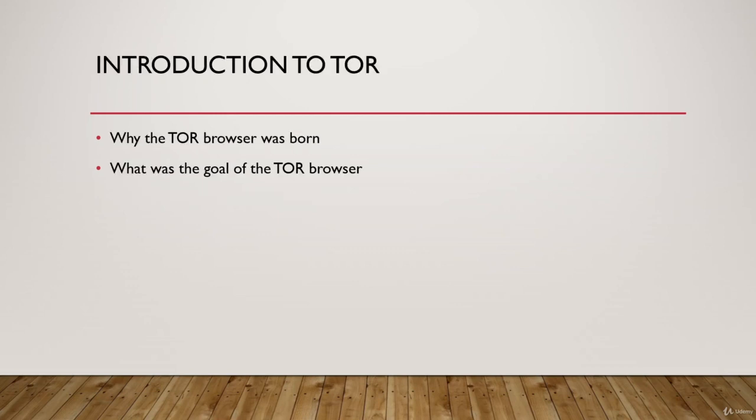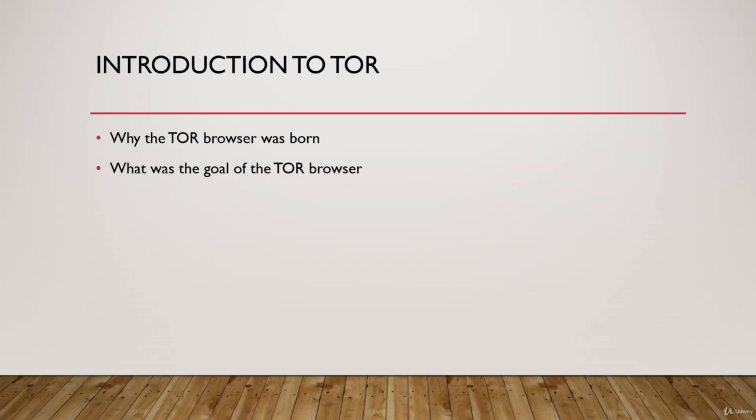Once again, why was the Tor browser born? One of the main reasons why the Tor browser was born is really to answer a need for anonymity when browsing online. A lot of people were browsing online and wanted to stay anonymous, and it's really hard to be anonymous, especially online.